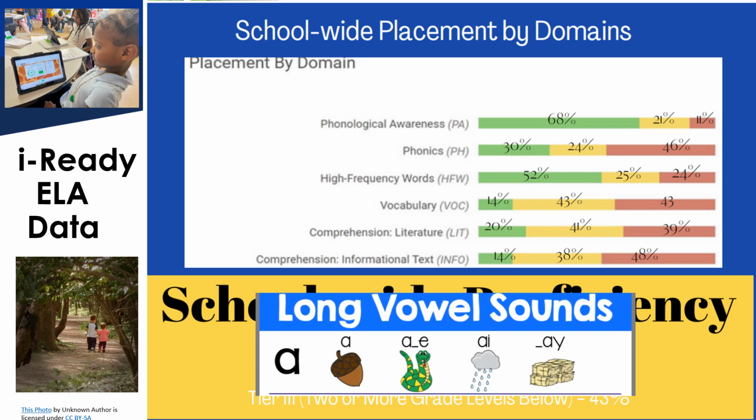For instance, on the screen you will see long vowel sounds, and you will see that there are 4 different ways to spell long A in words, such as just with the letter A in acorn, or the letter A as it sounds in the word snake. So it'll be A plus some consonant and the letter E.